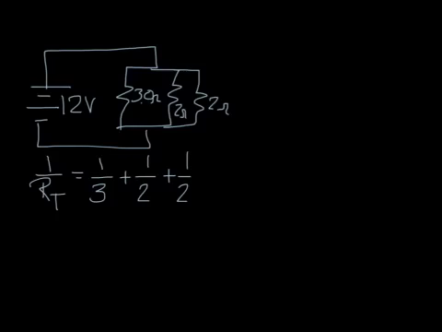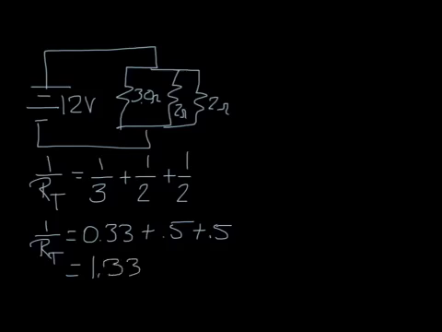So 1 over RT has to equal 0.33 plus 0.5 plus 0.5. So 1 over RT is equal to 1.33. So now we flip. So we get RT is equal to 1 divided by 1.33, which is 0.75 ohms.